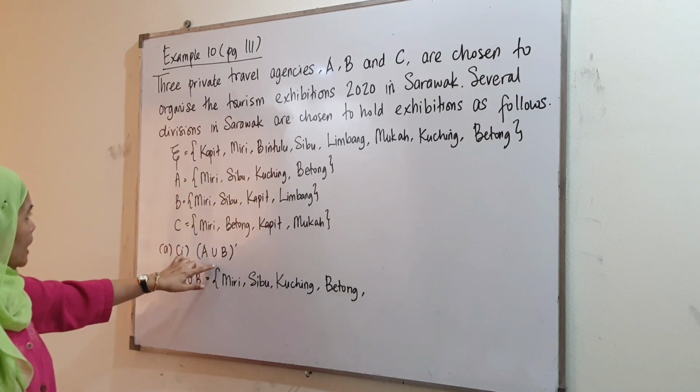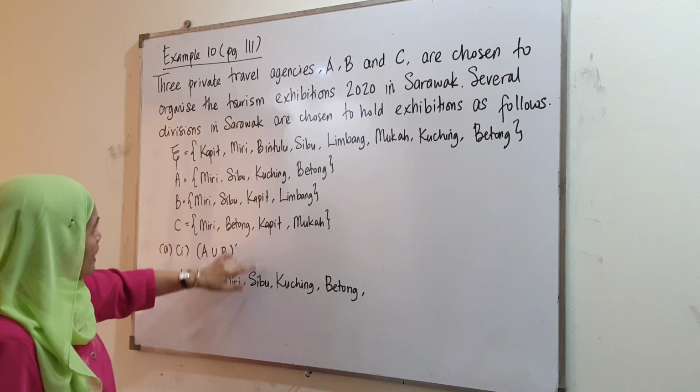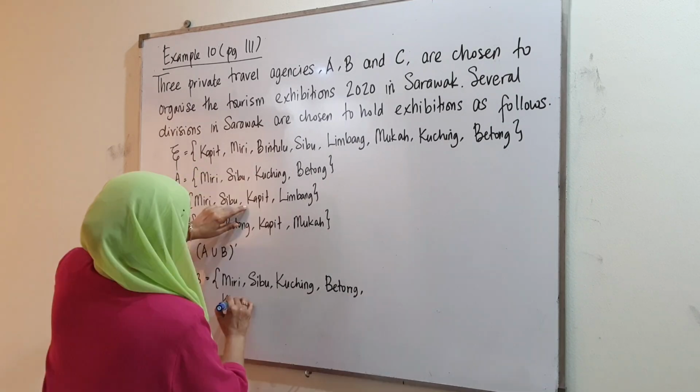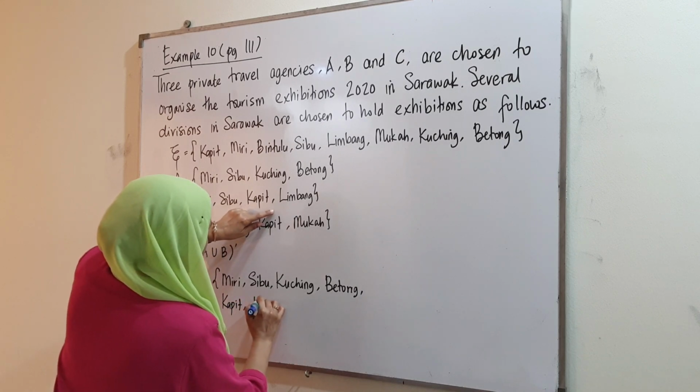And then B: Miri, okay, got. Sibu has. Kapit, don't have. And Limbang.